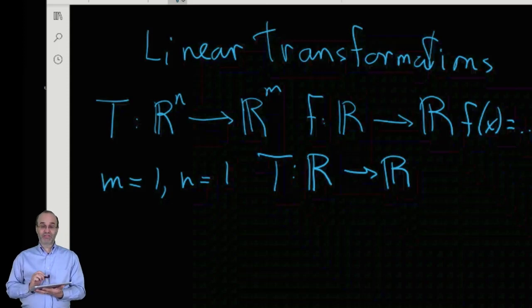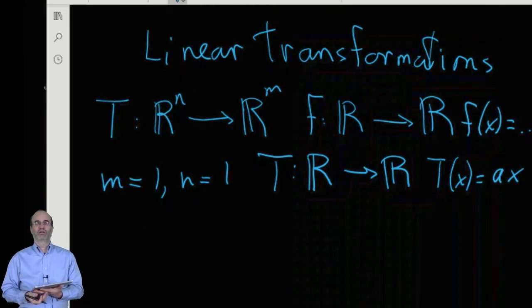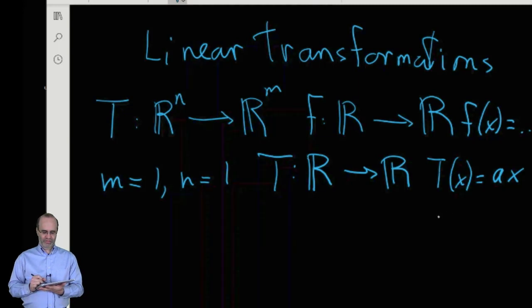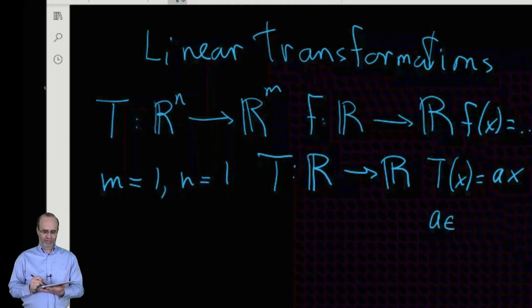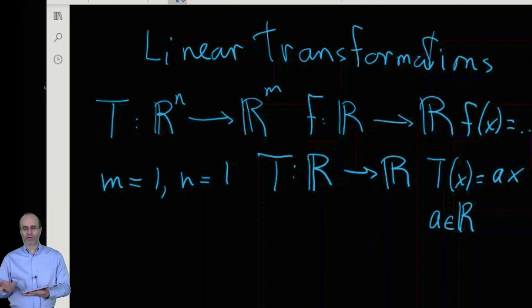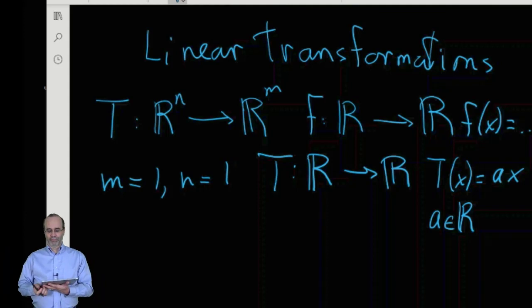It turns out that in this case, all the linear transformations are given by the following simple formula: T of x equals a times x, where a is some fixed real number, and I'm using x for an arbitrary real number.